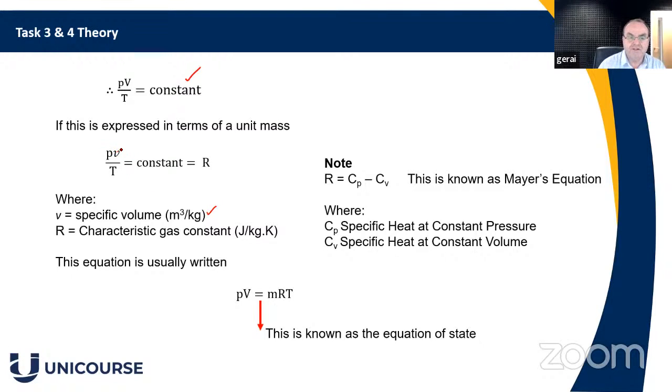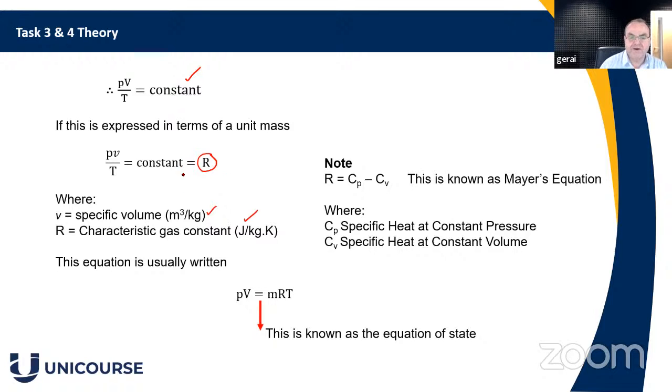Then we can call this constant capital R. Capital R stands for the characteristic gas constant. That's different for different fluids. For air, I think it's 286 joules per kilogram K, but different gases have a different characteristic. So just bear that in mind.